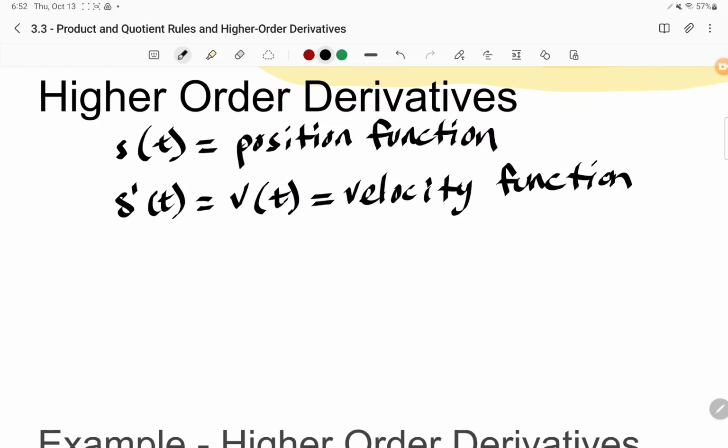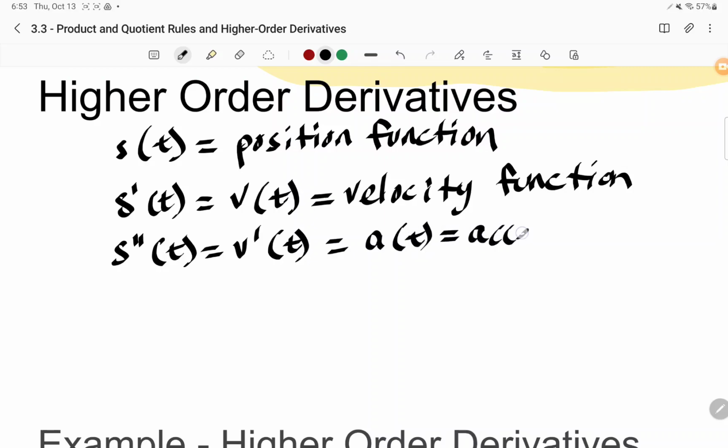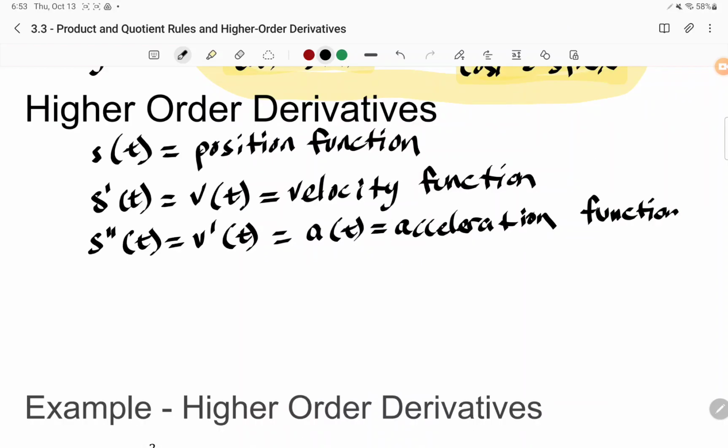And then if you find the second derivative of the position, which is the first derivative of the velocity, that gives you your acceleration. So we have the acceleration function is the second derivative of the position function, and the velocity is the first derivative of the position function.